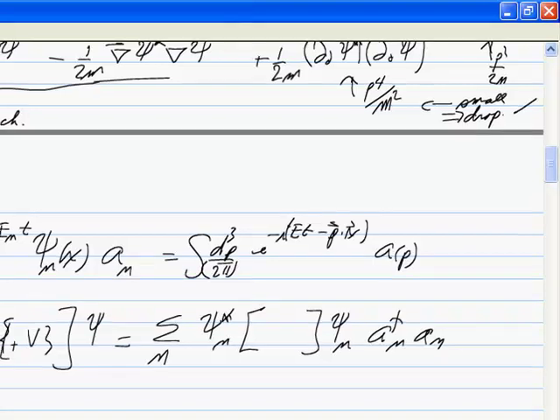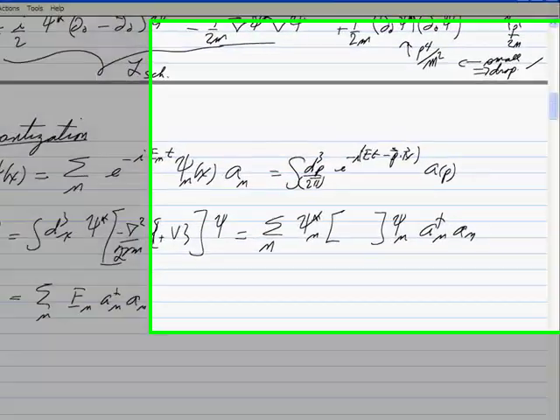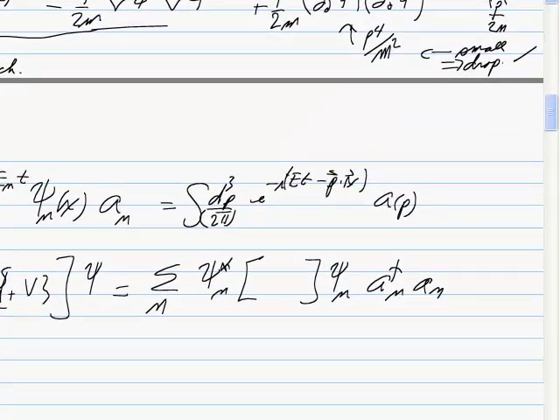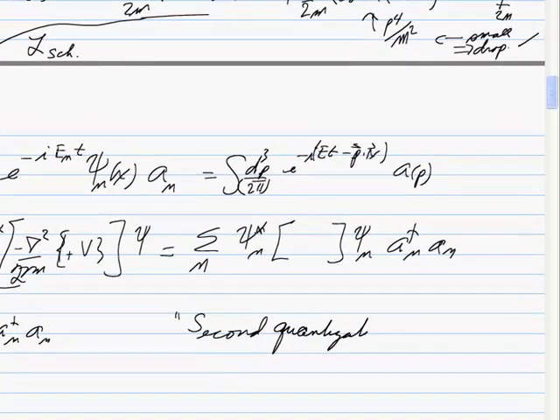So the Hamiltonian goes in there, either del squared or del squared plus V, which turns into sum over n, E_n, a dagger n, a n. So you get the same logical thing. This is what you see in quantum mechanics called second quantization. Second quantization is just non-relativistic field theory.